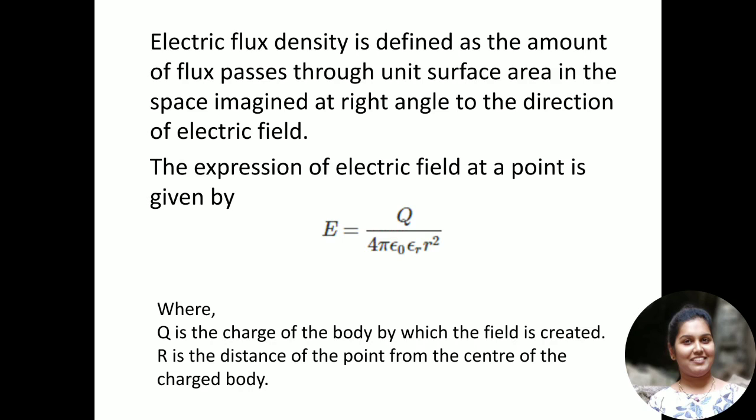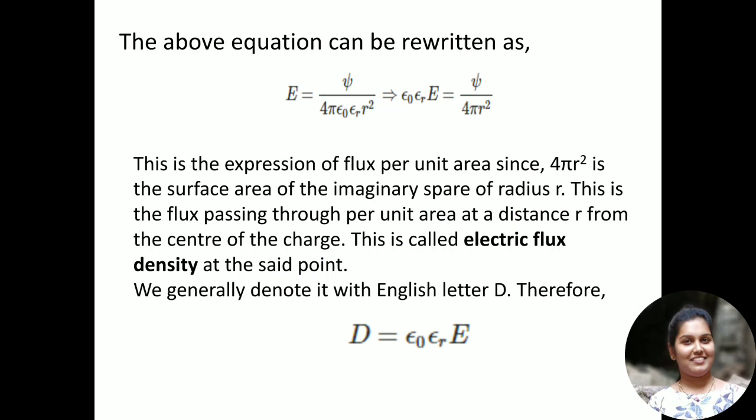We also know that Q is equal to psi, which we discussed previously while discussing electric flux. The above equation can be written as E is equal to psi by 4 pi epsilon naught epsilon r into r square.